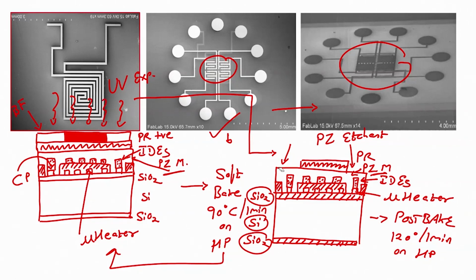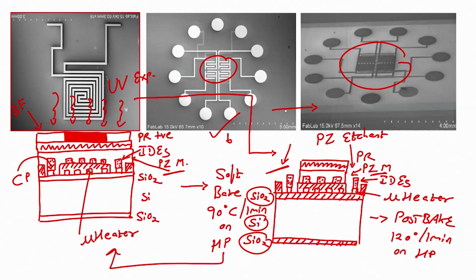The piezoresistive material will get etched, right. You see this area got etched, the rest of the area got etched, correct, easy. After this, what is the next step?